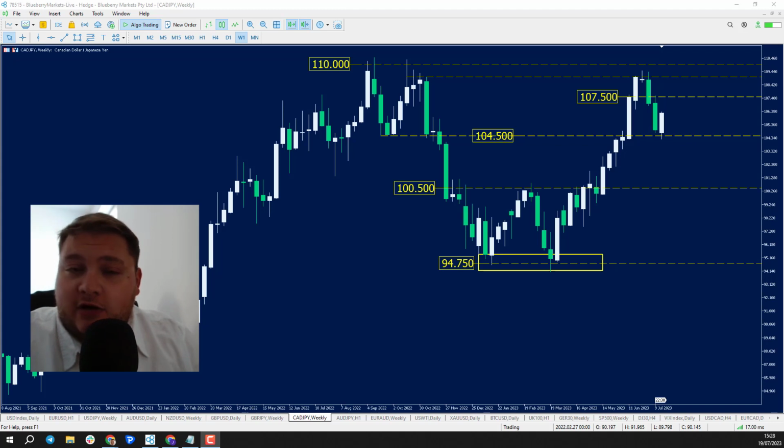With regards to CAD yen, we did get some data out of Canada recently. We saw CPI month-on-month fall from 0.4% to 0.1%, so that's a potential positive in the CAD space. We also saw median CPI year-on-year and trimmed CPI year-on-year come in slightly lower.